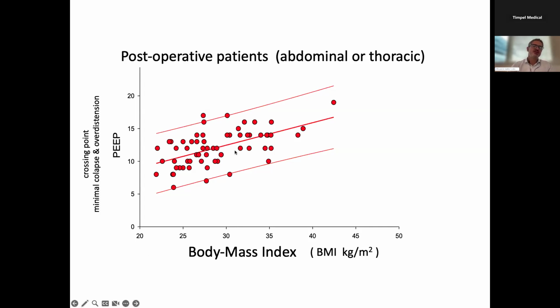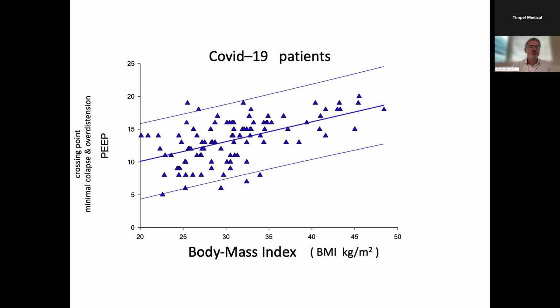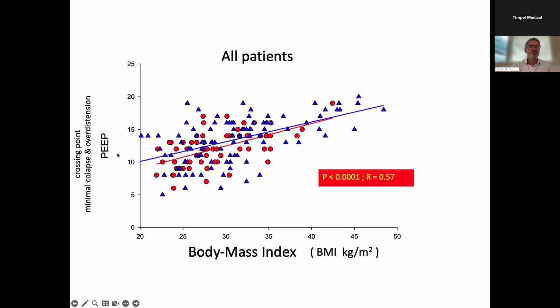But the interesting thing is that you would expect this correlation to change when lungs are sick. So we looked at patients with COVID, and there's also a nice correlation between BMI and the selected PEEP value. But when you plot the two together, you can't really tell one apart from the other.